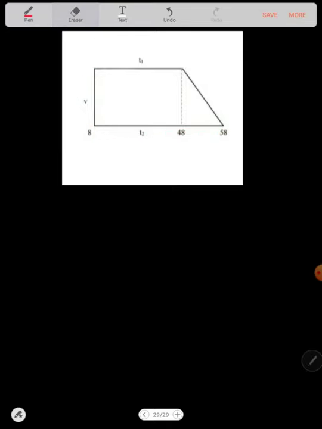Now, how can we solve this? This is a trapezium. Area of the trapezium is equal to half, a plus b, times h. In this case, our h is our velocity. Remember this side there's a velocity, which is 16. So a is the smallest distance, from 8 to 48, and the difference will give you 40.